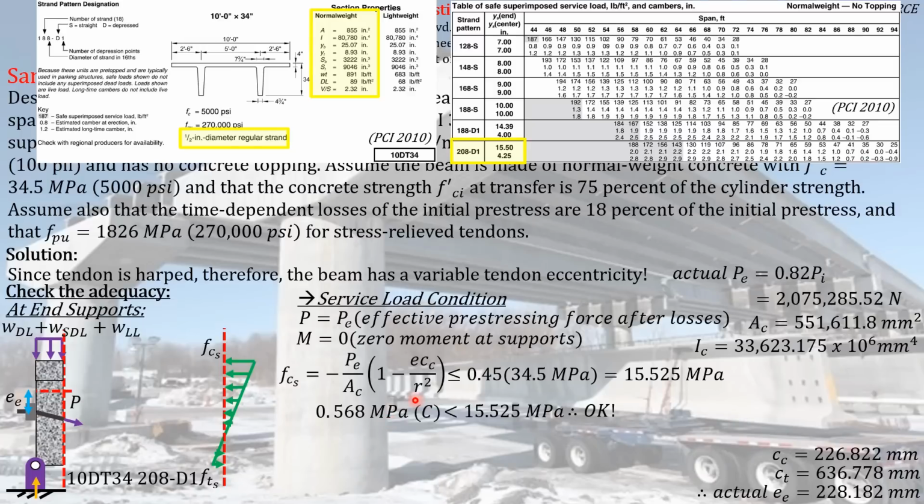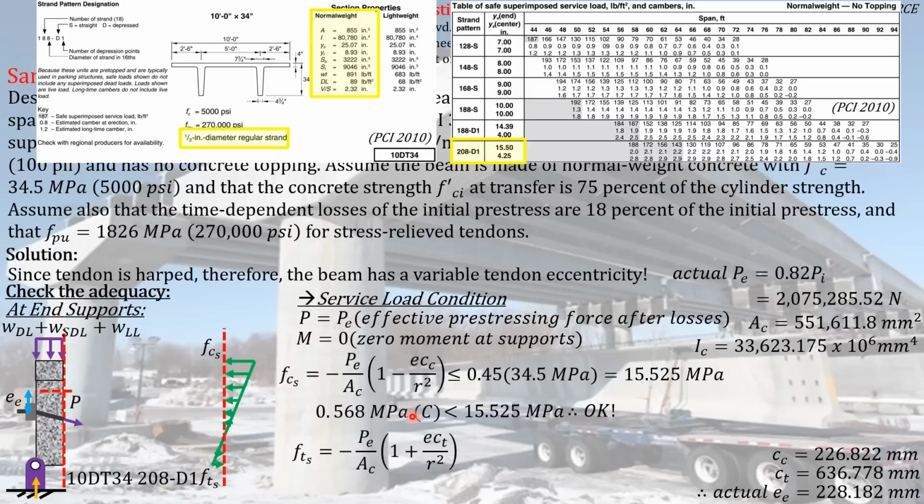But again, the last checking that we need to do is the compliance of the stress acting on the extreme pre-tension fiber with the allowable tensile stress specified by the code. You can see here, we are expecting that the stresses acting on this part of the concrete element are tensile stress.